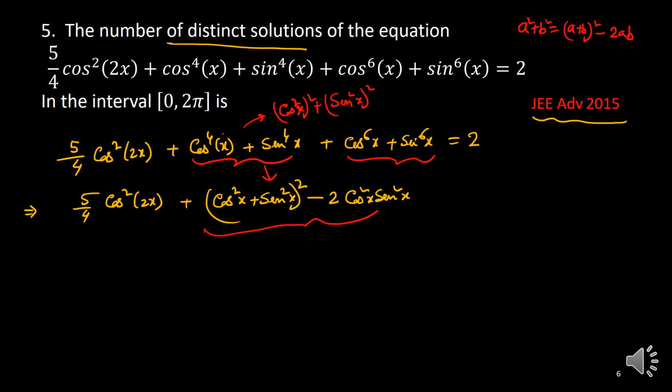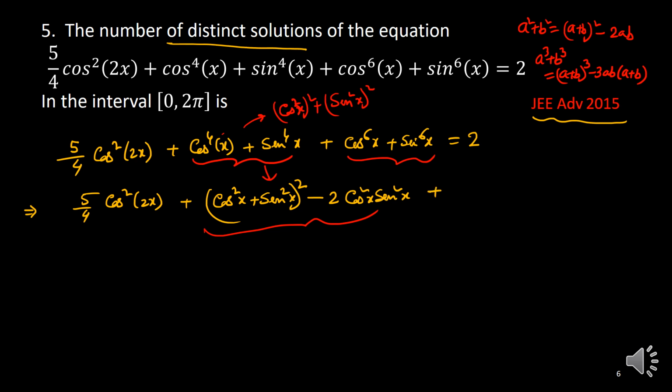Similarly, here it's a cube plus b cube. What can you write? A plus b, that whole cube, minus 3ab times a plus b. Can I use this formula? So what will I get?